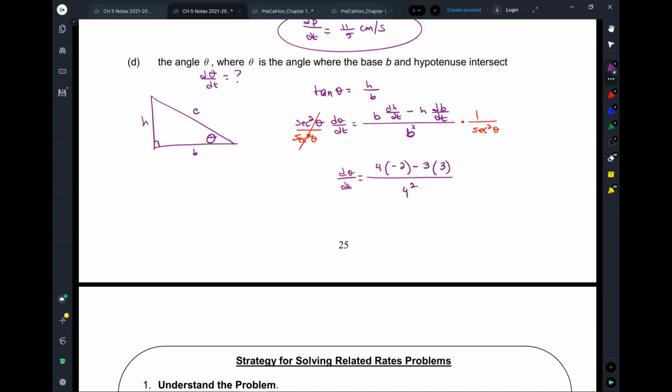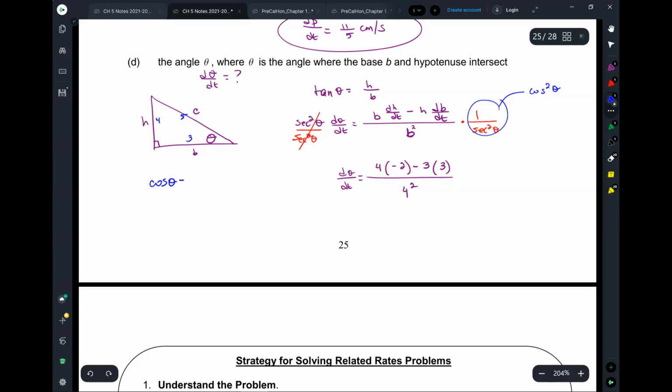Okay, here's where the real cool stuff comes in. What's 1 over secant these days? Cosine. So 1 over secant squared is cosine squared theta, isn't it? Look at this triangle. If this is 3, 4, and 5, what's cosine of theta?